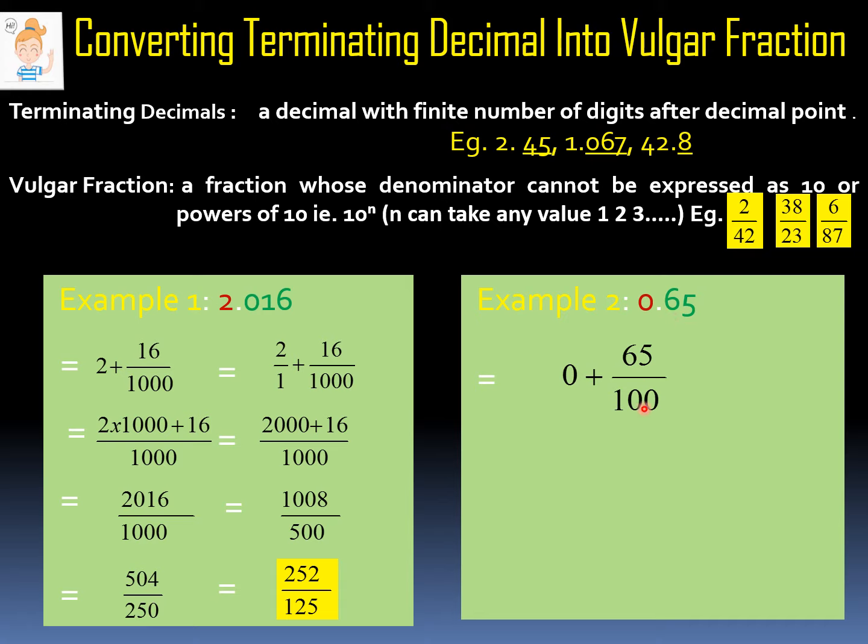So we'll write 100 in the denominator and 65 in the numerator. Further, we have to reduce this in its lowest form. So we'll divide numerator and denominator by 5. We'll give 13 by 20. This can't be reduced further. So this is a vulgar fraction in its lowest form.